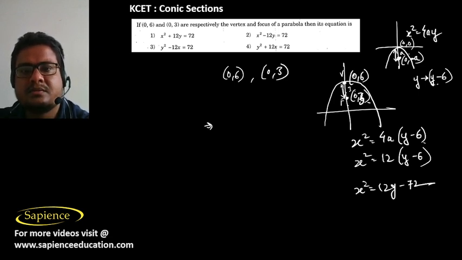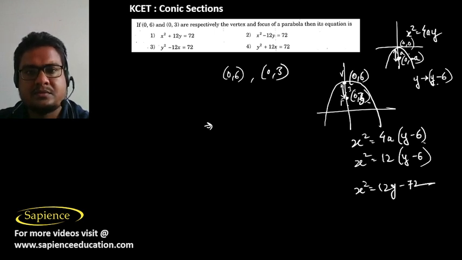So therefore this will be x square, this will be 0 comma 6 should satisfy the equation. Actually it should be y plus 6 actually, minus minus.